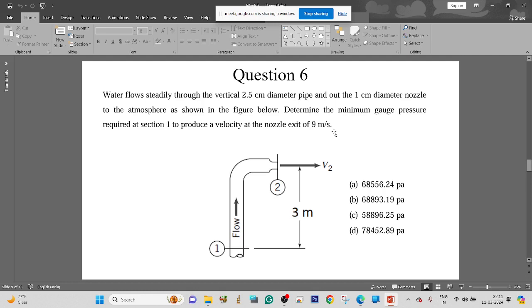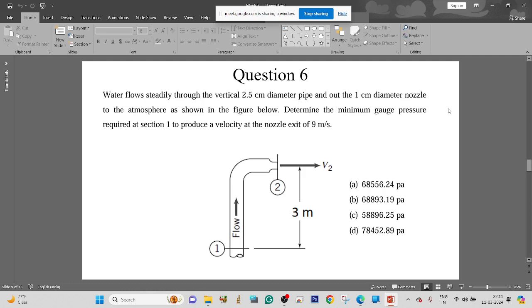So it's a very easy question. So just P1 upon rho plus, you will apply the Bernoulli equation. So the height difference, Z2 will be there, 3 meter. Then Z1 is 0. Velocity at 2 will be 9 meter per second. Velocity at 1, how can we find out? We can simply apply A1 V1 is equal to A2 V2. That's volumetric flow rate will be same. So from there, V1 we can find out.